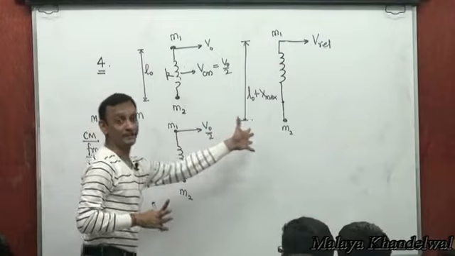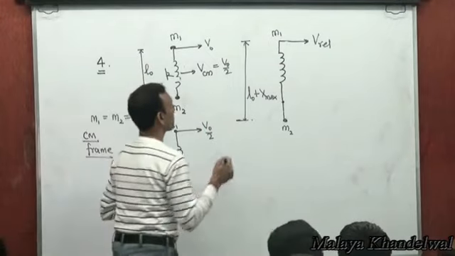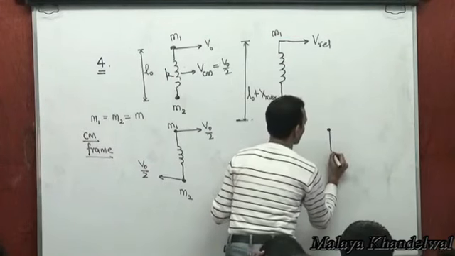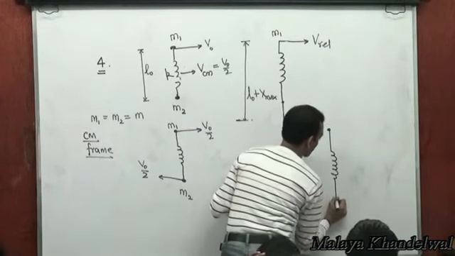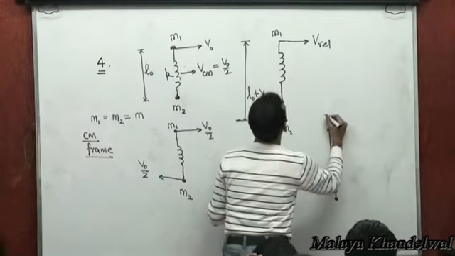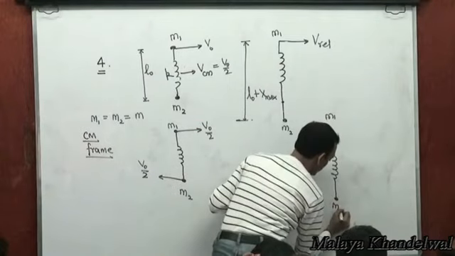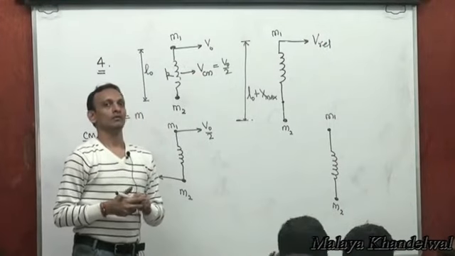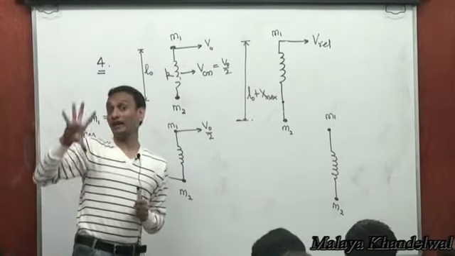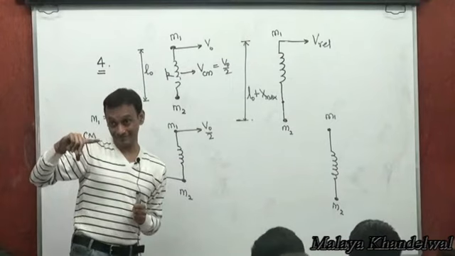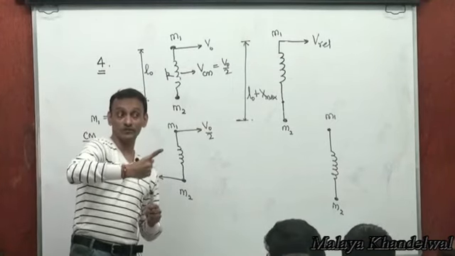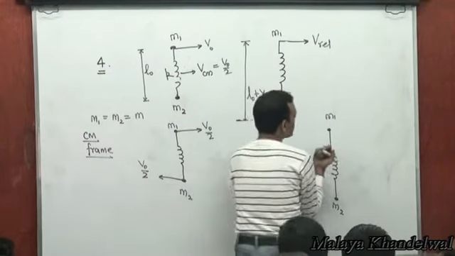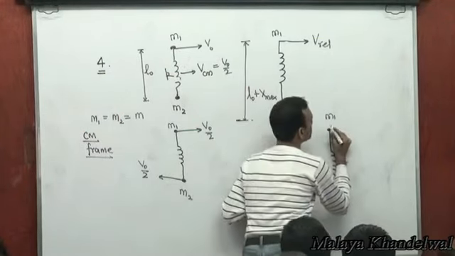Now, finally, when this happens, again in the center of mass frame, there is no component of relative velocity along the spring. So all the relative velocity of the two masses is perpendicular to the spring, which means essentially something like this happens.